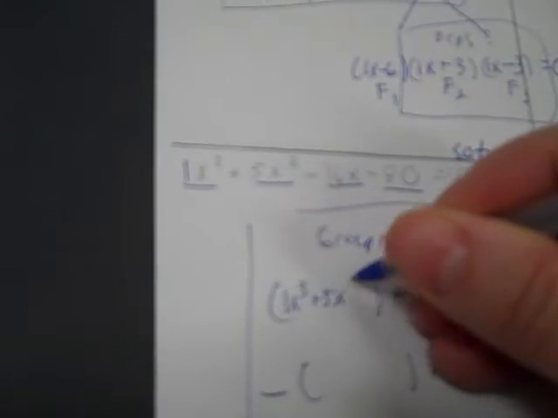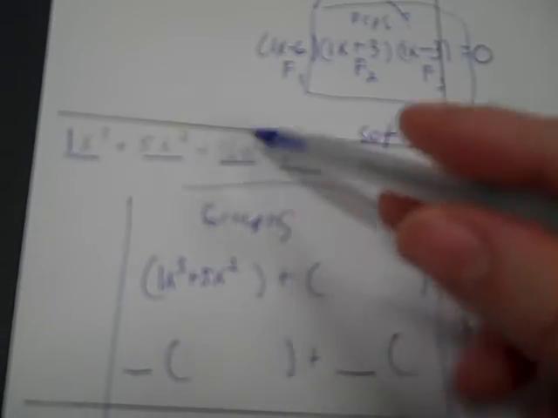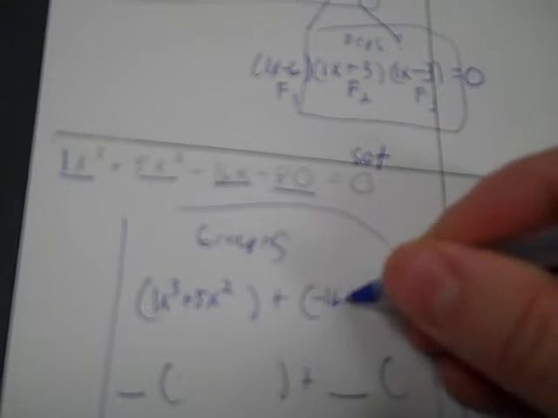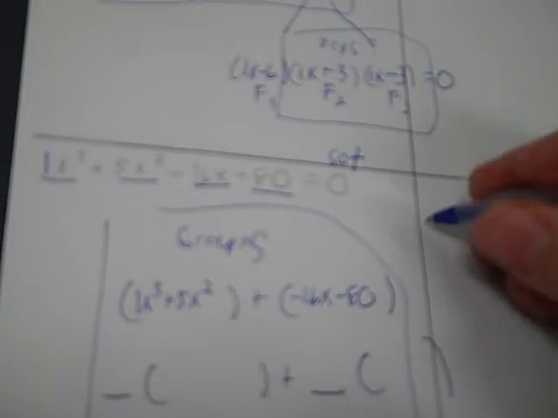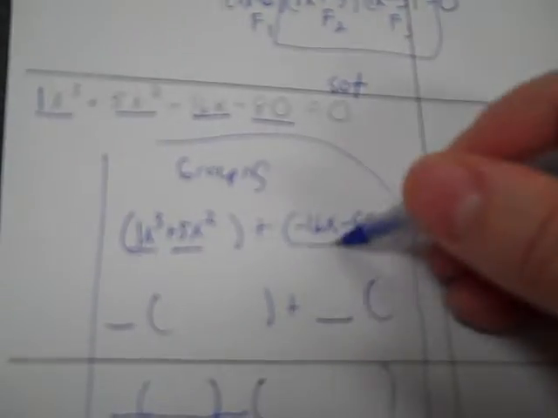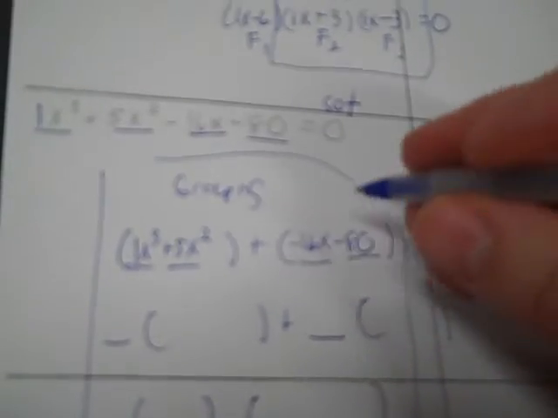So I have 1x to the power of 3 plus 5x to the power of 2, and then negative 16x minus 80. So again, negative x in GCF. Negative, I do not need a negative in the first one, but in the second one I do.